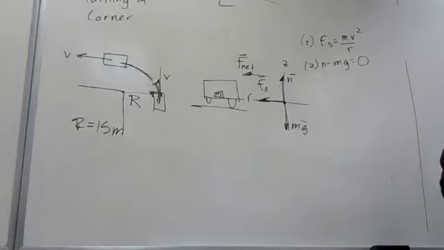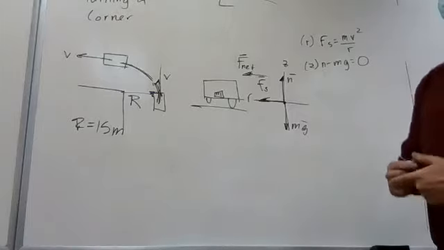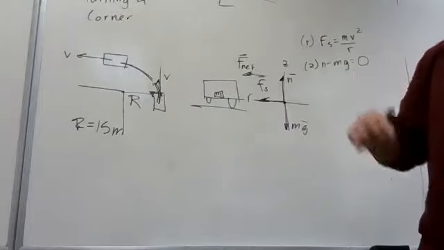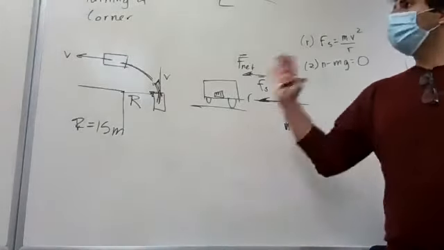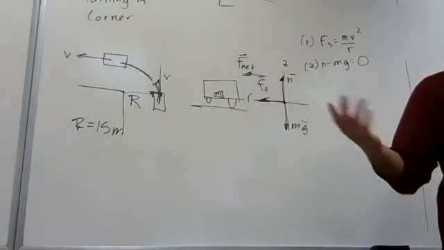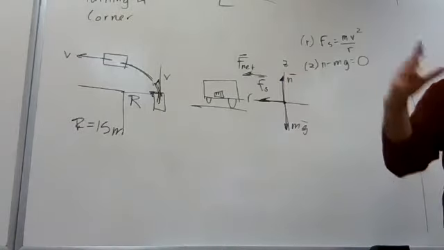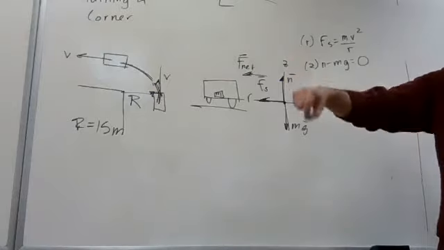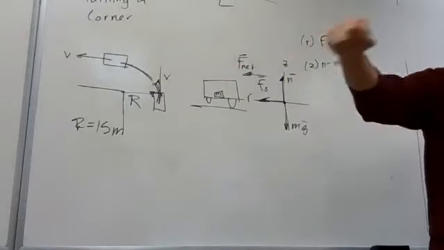No, these are good questions. Does the center of gravity affect this? Absolutely. We're only doing the simplest of models where we're modeling the car as a particle. So the particle is moving on the ground at some speed, right?